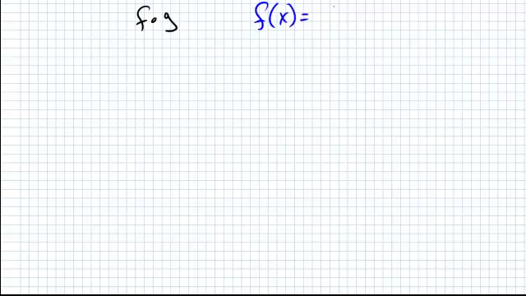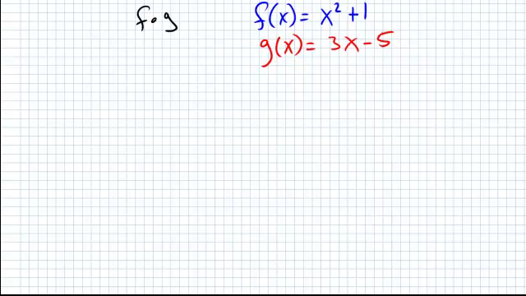The last type they give you, they actually call this f circle g, or f of g. Again, they're going to give you a couple functions, so let's say that f of x equals x squared plus 1, and let's say g of x is equal to 3x minus 5.